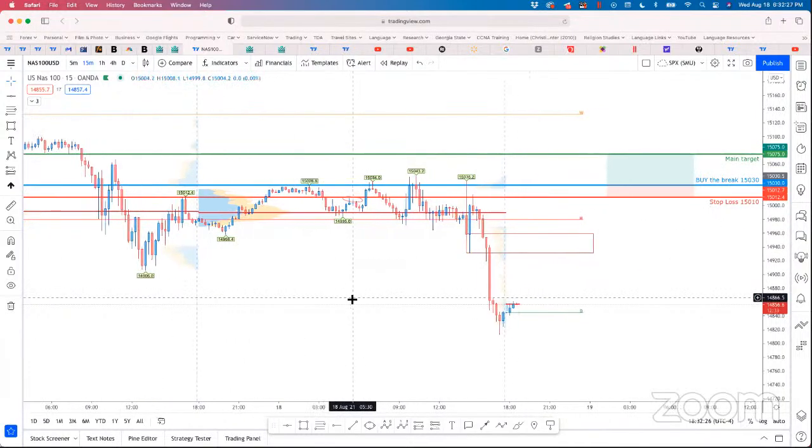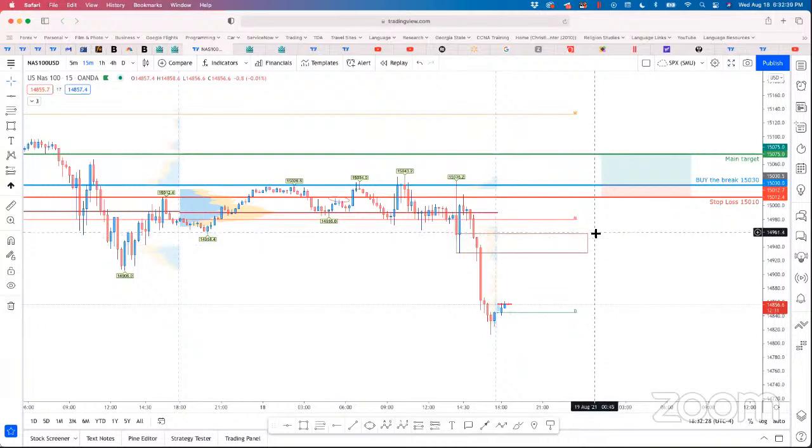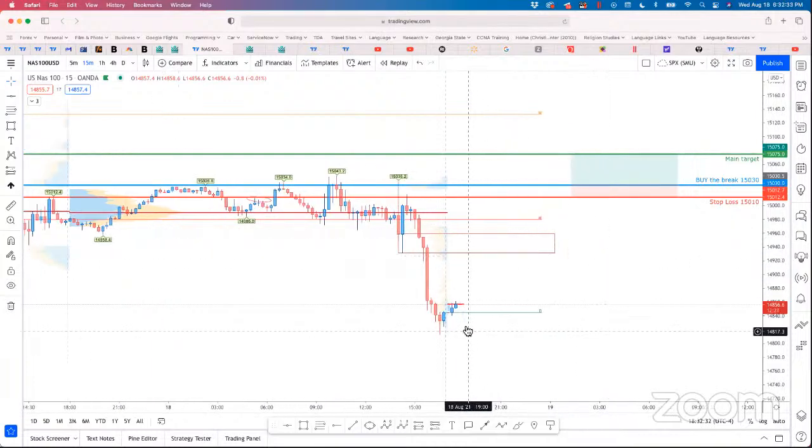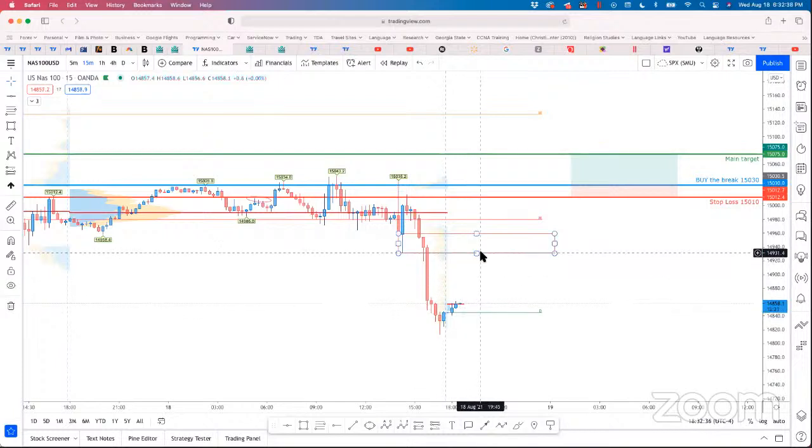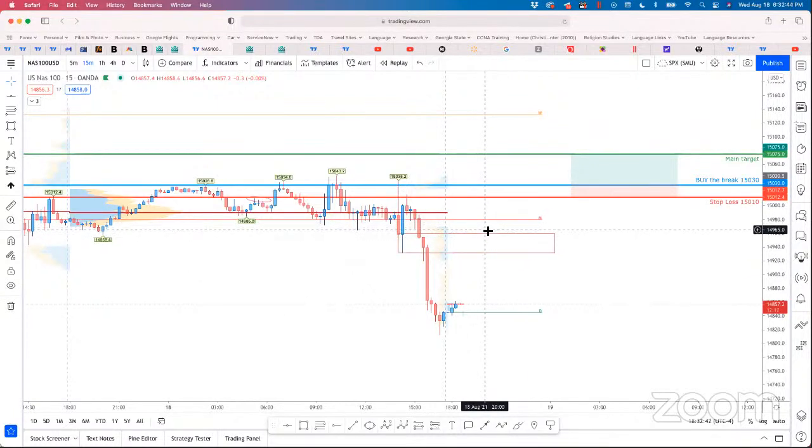So this is probably gonna be one where, if you're still in it, maybe you can get a retrace back to here and then close it out and see what happens around this area. But if you're still in it, this one should have been one you closed.